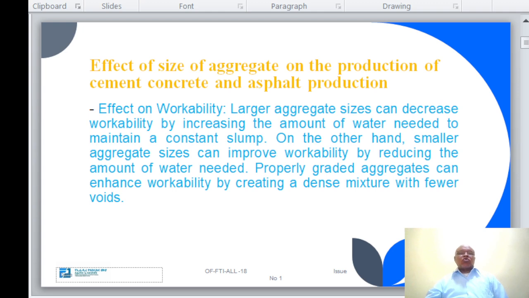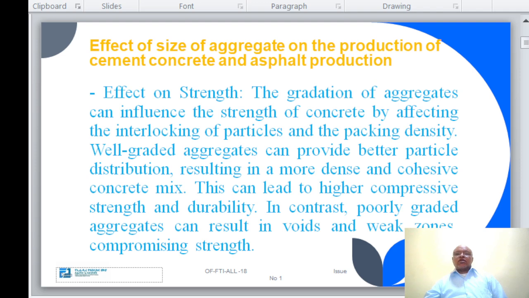When working with smaller aggregates, the concrete mix is easier to manipulate and pour, allowing for better finishing and detailing. However, large aggregates are commonly used in structural applications to enhance the overall strength and load bearing capacity of concrete.